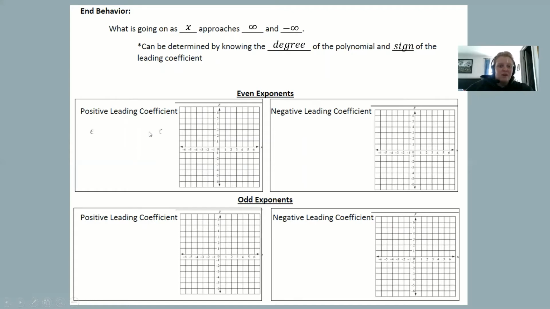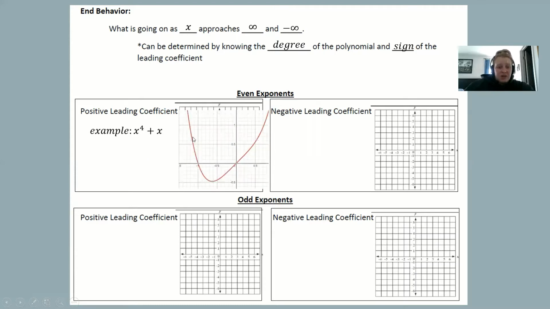So if it's even and the leading coefficient is positive, so for example, x to the fourth plus x, this has degree 4, so it is an even degree polynomial. That is what the actual graph of it looks like, but even without seeing the graph, if it's a positive even degree, it's going to look something like x squared.